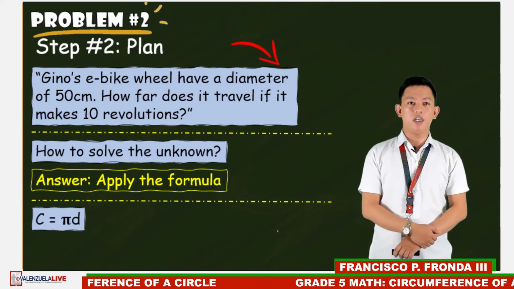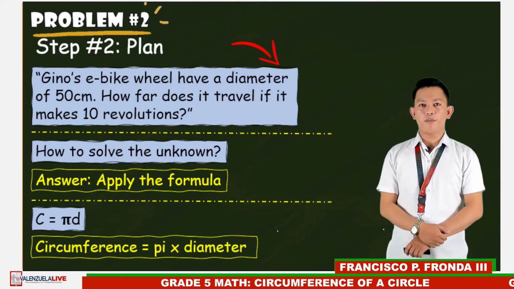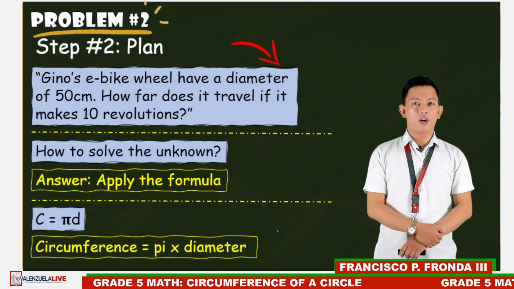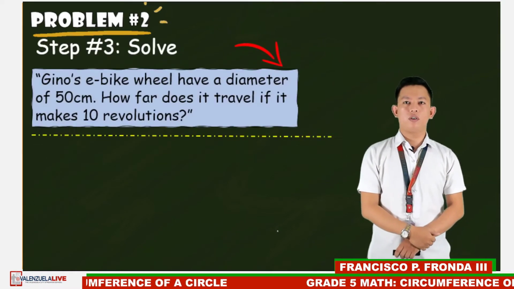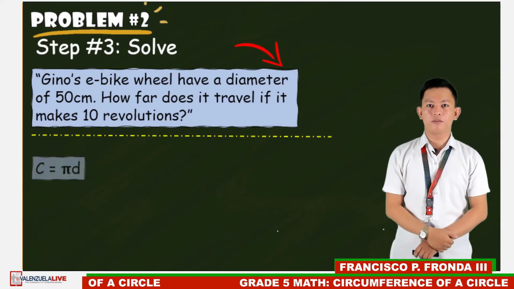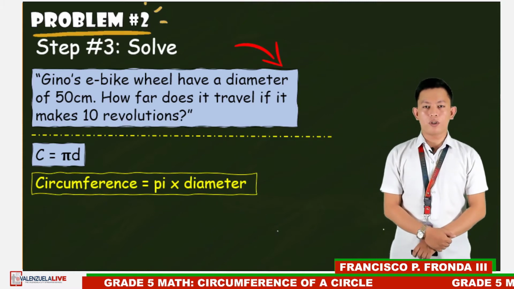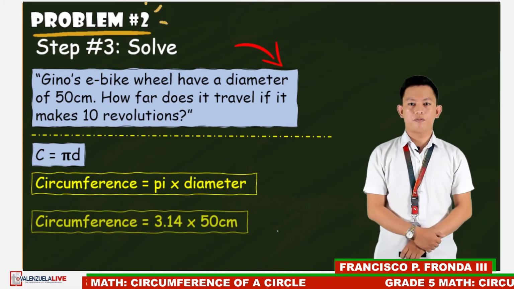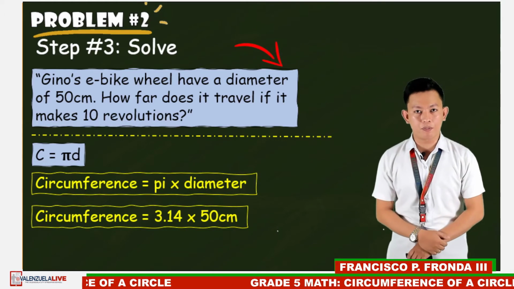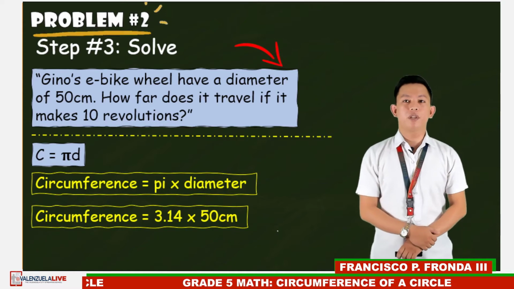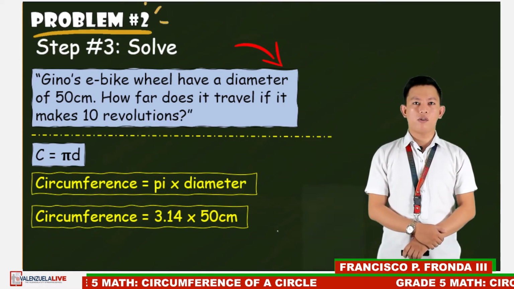This should be C, or circumference, is equal to pi multiplied by the diameter because our given is in the form of diameter. Now, step 3, we're going to solve. So, using the formula, circumference is equal to pi multiplied by the diameter. So, let's substitute the value of pi. The value of pi is 3.14 and the value of the diameter is 50 centimeters. Now, let's multiply.